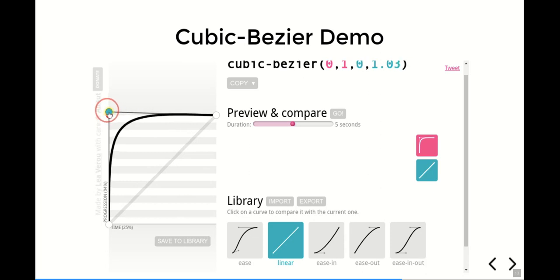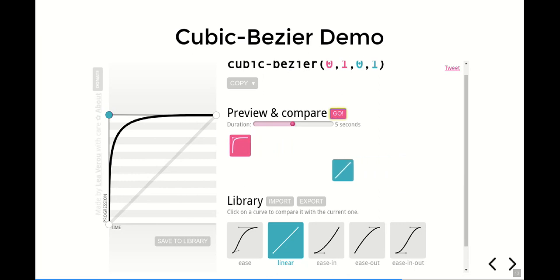Let's see what this does if we put it right here. I really encourage you to play around with this. If we put that right here and press go, we're going to get really rapid movement at the beginning, and then a very, very slow long tail of movement at the end.